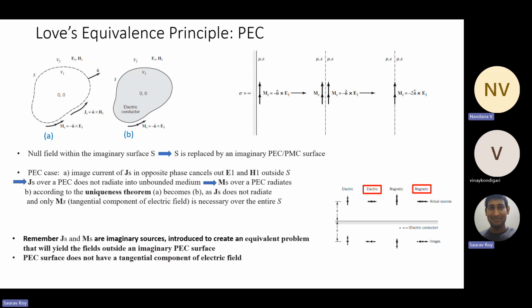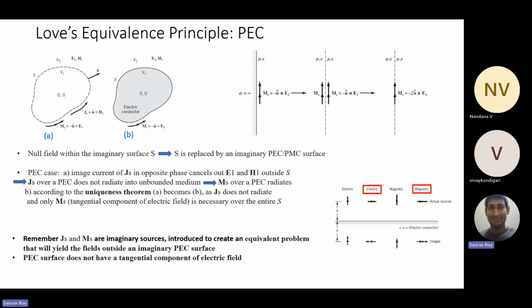Here, what is the tangential value of the electric field in this problem, picture A and picture B? You see, this is n cross E1. n cross E1 is the tangential value of the electric field.